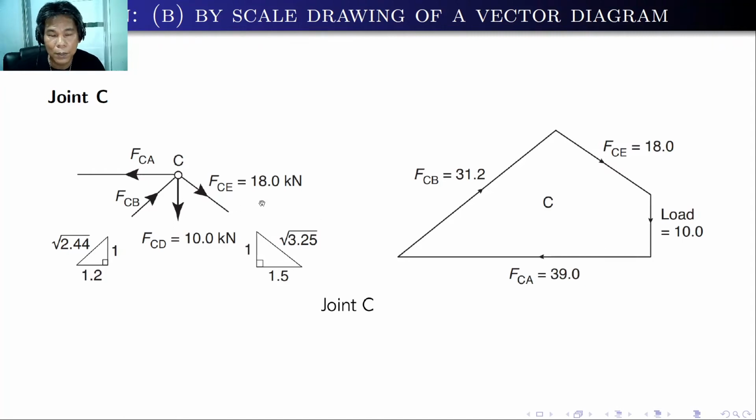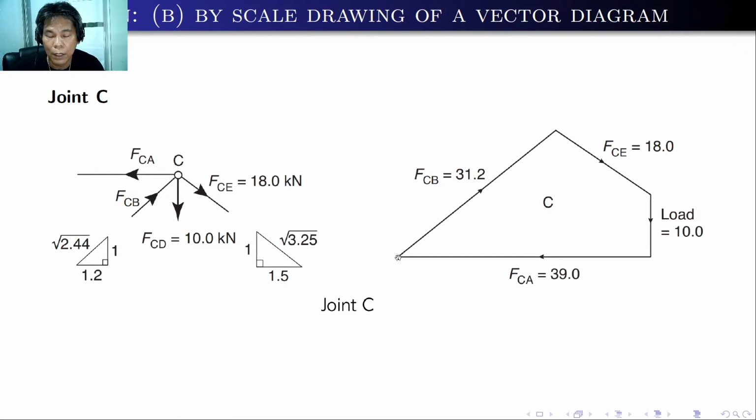Here you can draw FCE parallel, and that is tension, and of course FCE is 18, so you know that this is the end, and then you can draw FCB parallel to the member FCB. So check the intersection of FCB and FCE.